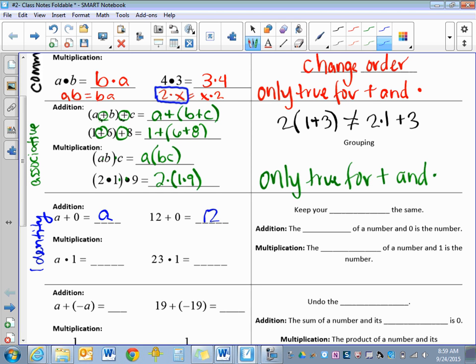So the identity property is whatever you do to get back the number itself. For addition, you add 0. For multiplication, you multiply it by 1. So a times 1 is just a. 23 times 1 is just 23. All right, so keep your identity the same.